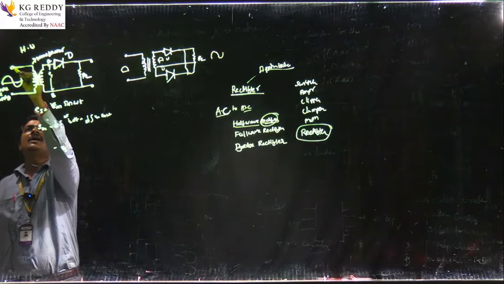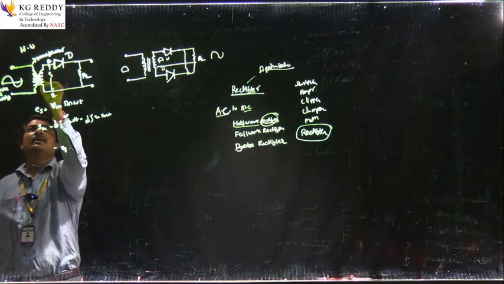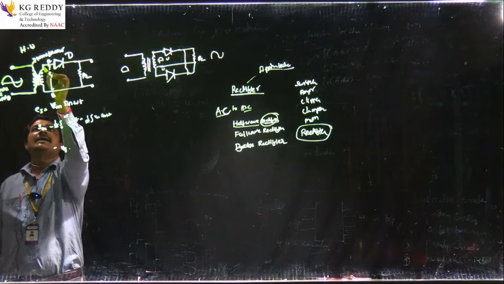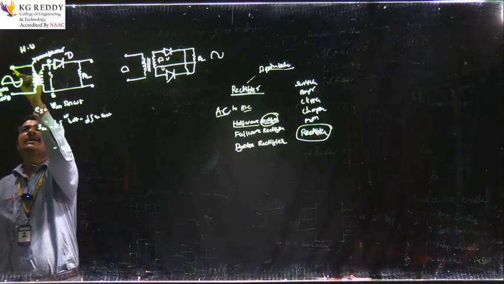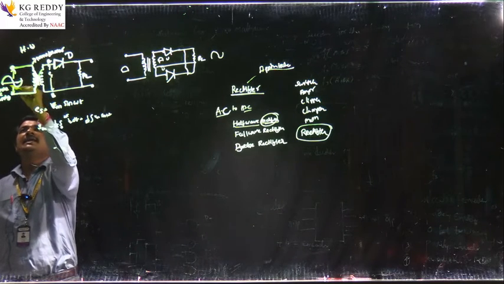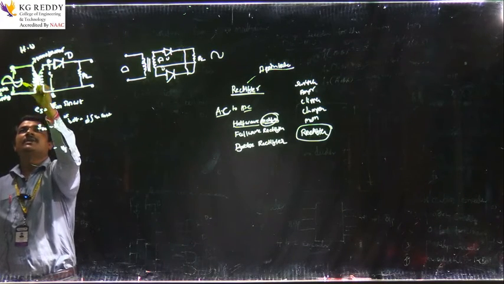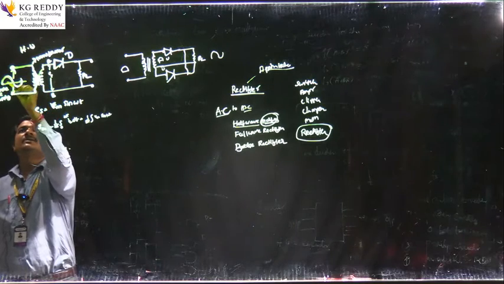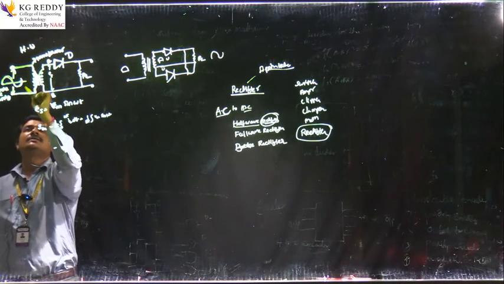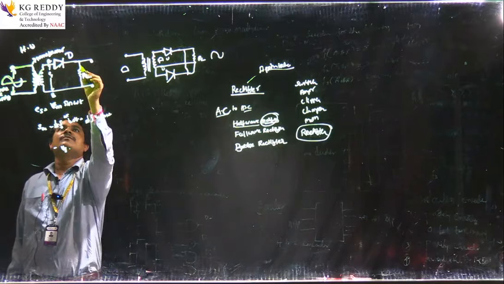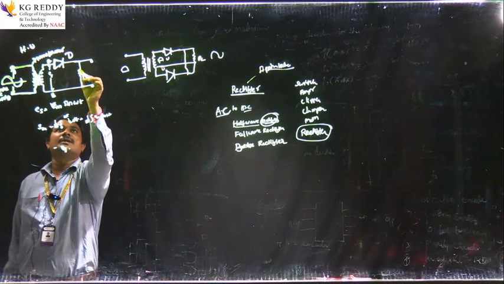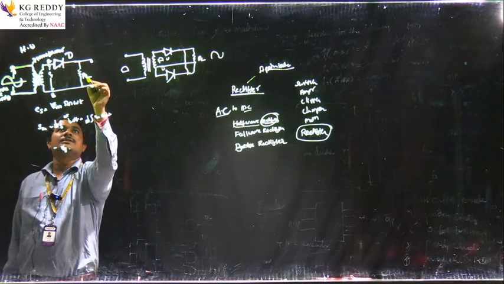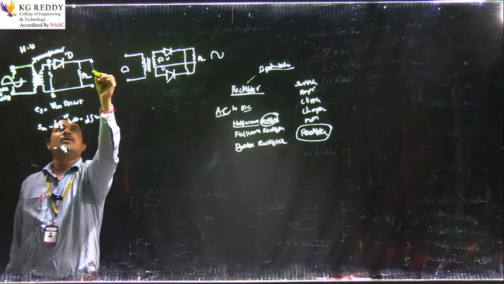I am taking the transformer primary and the secondary coil is connected to the diode, and at the input side I am applying a single AC supply, that is a sinusoidal signal, which represents an AC signal. Now the diode's negative terminal is connected to the load resistor, called RL, and this is the output.